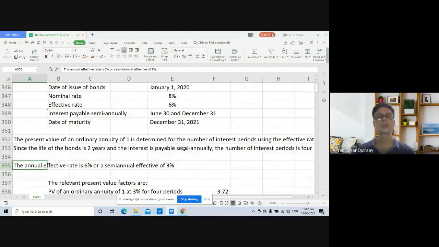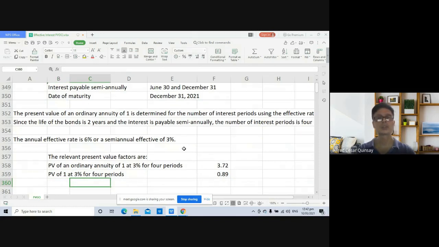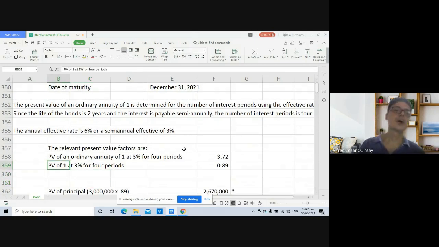The relevant present value factors: present value of an ordinary annuity of 1 at 3% for 4 periods is 3.72, and present value of 1 at 3% for 4 periods is 0.89. Normally these are given, kasi hindi naman tayo mga mathematician. Accountants tayo eh.